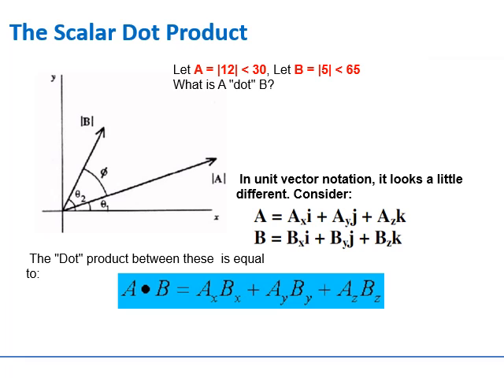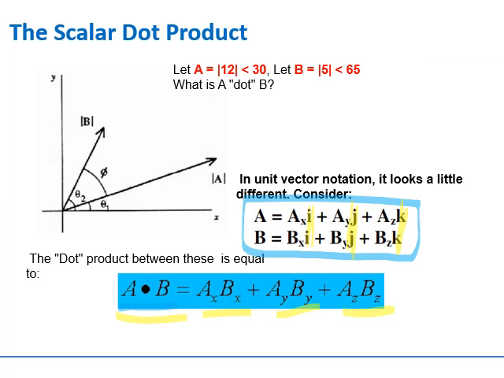And we can also write down the dot product of these two vectors in the form of components like this. So a dot b is equal to, what you're going to do, you're going to multiply the i components with i, so that is ax bx, plus j with j, that is ay by, plus k with k, that will be az bz.